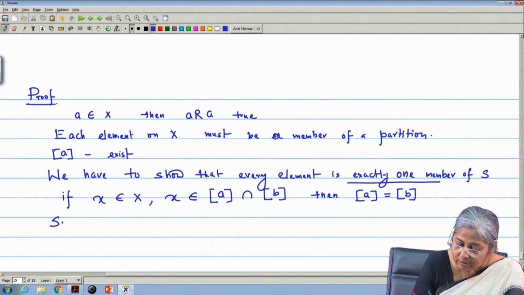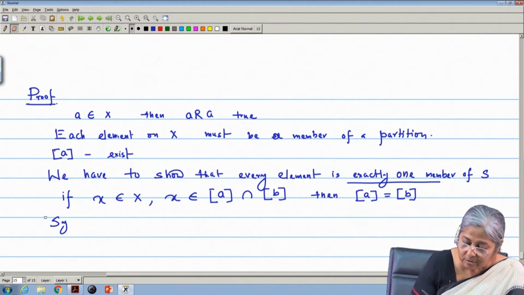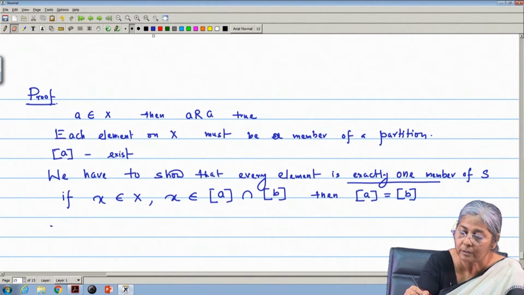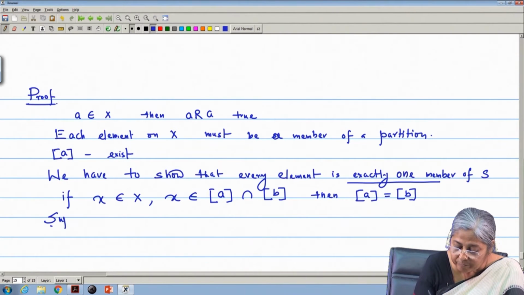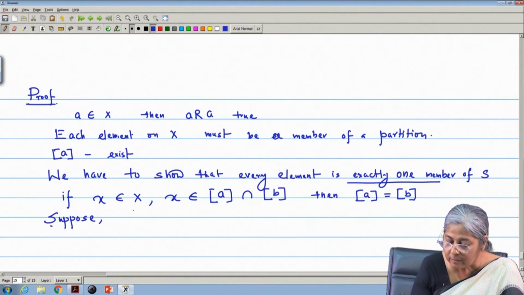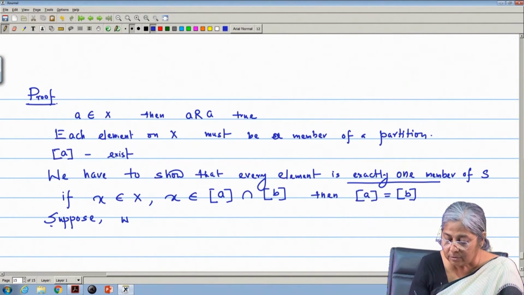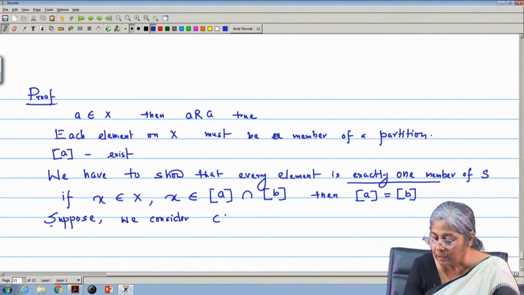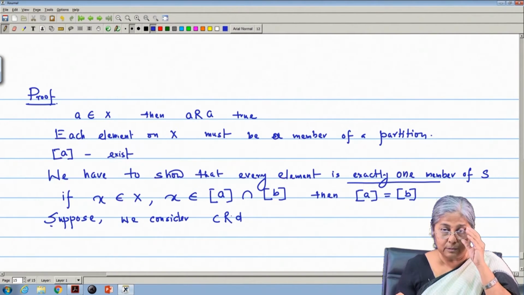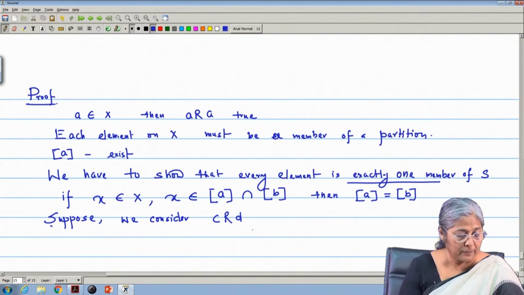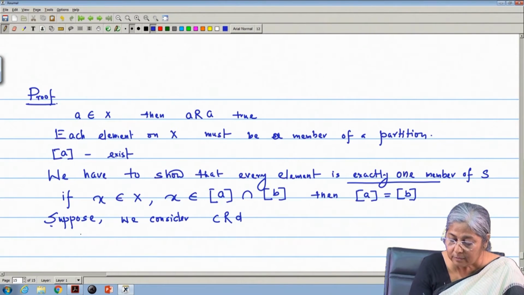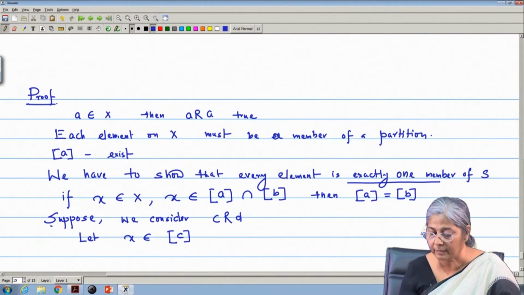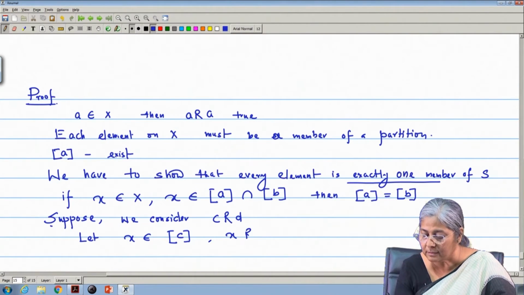So, suppose we consider two elements c and d. Suppose we consider the relation c R d, that means c is related to d. Let x belong to the partition [c]. So, that means x R c holds.